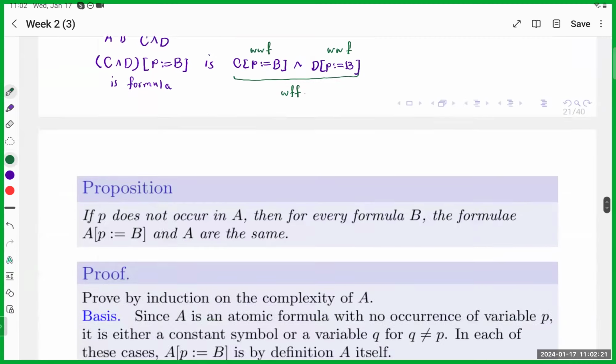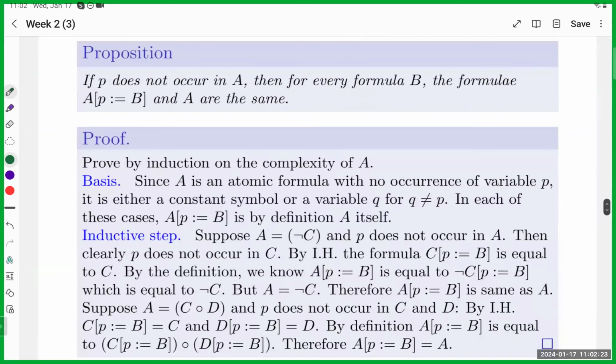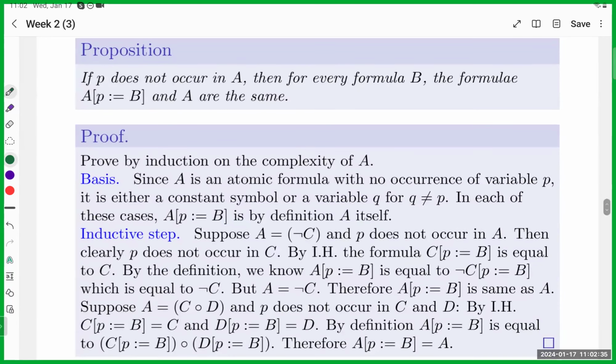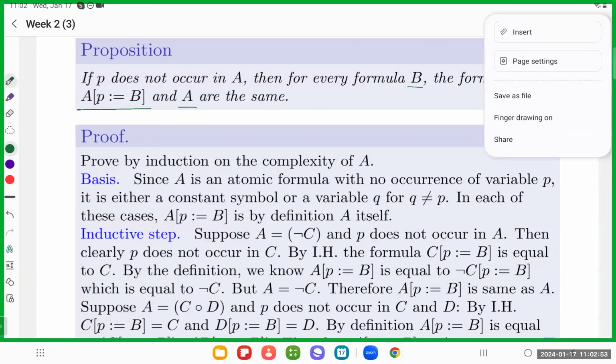And perhaps a less obvious proposition would be the following, which is actually the question that one of you asked: if P does not occur in A, then for any formula B, the substitution of P with B in A is just A itself. If there is no P in A, now substitute P with B inside A. There's no P, nothing happens.